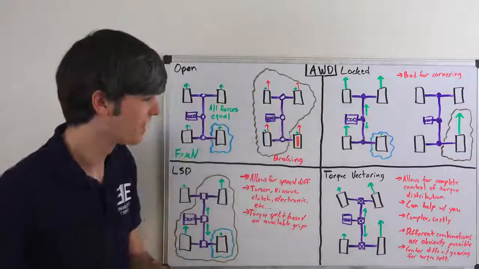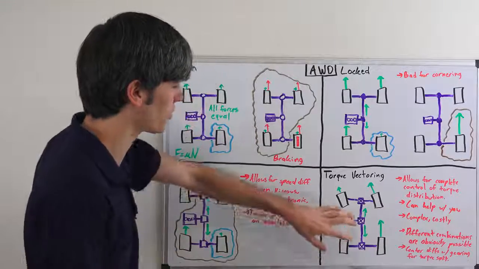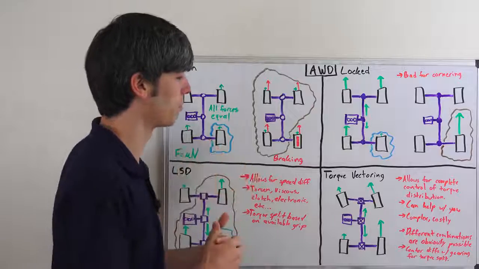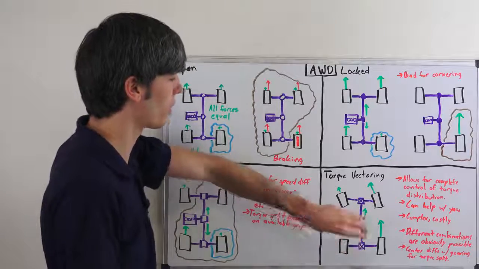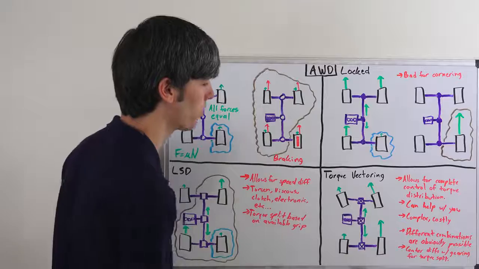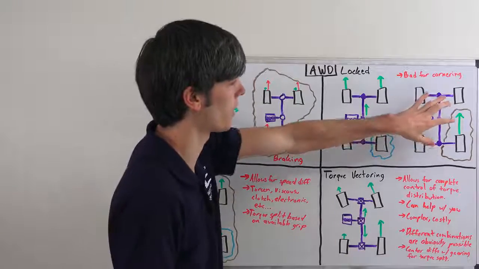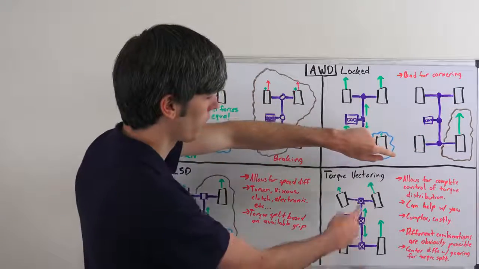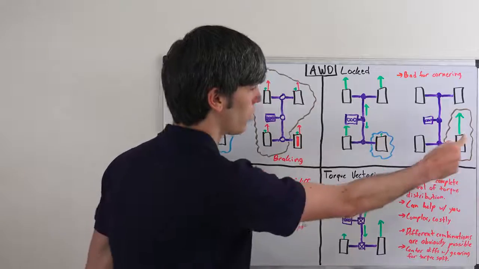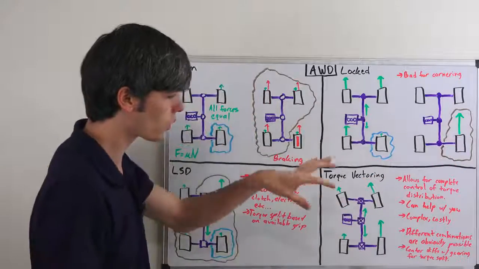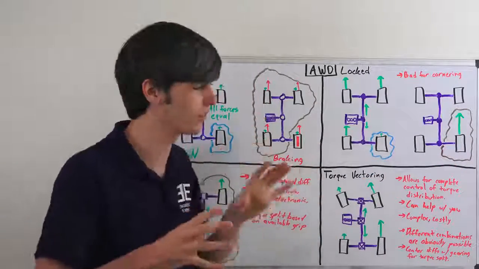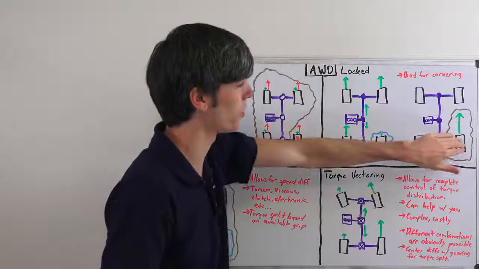But here's the thing. These things aren't invincible. These aren't indestructible, completely bulletproof differentials where all of the torque could really truly be sent to one wheel. So let's say you were in a situation like this where you have these 3 torque vectoring differentials and only one wheel is on the ground. Well, what it's going to try its best to do is send all of that torque to this wheel.